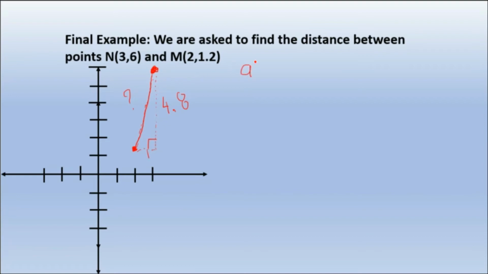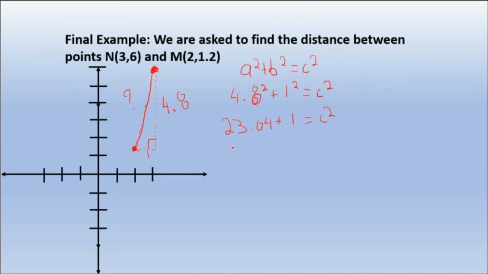So a squared plus b squared equals c squared. 4.8 squared plus 1 squared equals c squared. 4.8 squared comes out to 23.04. And 1 squared is just 1, equals c squared.